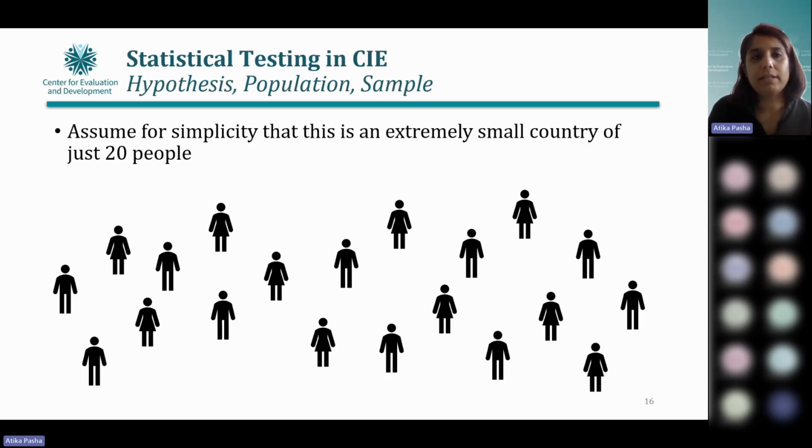Now, just for simplicity, let's assume our population is very small. It's only 20 people. We know that most programs are not even 20 people, and most countries definitely exceed 20 people. But for this example, we just move forward with 20 people.